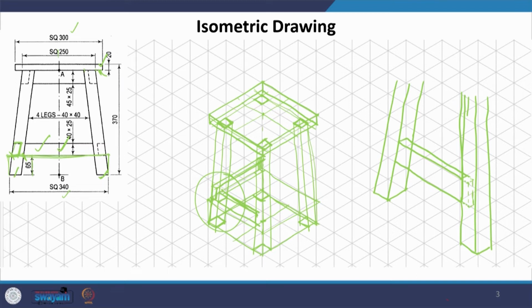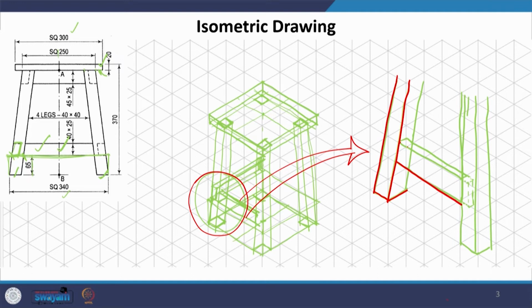So, if I have to darken this part, I am just blowing up this detail. So, what this leg will be seen as is this. Look at the red ones. This is going to be dotted behind it, right? That is how it is. This is solid because it is coming in the front.